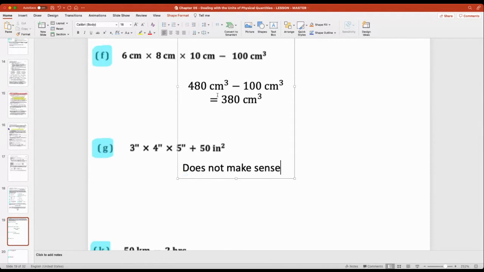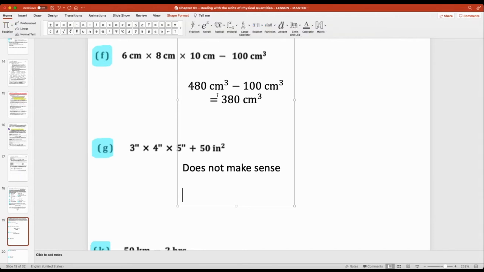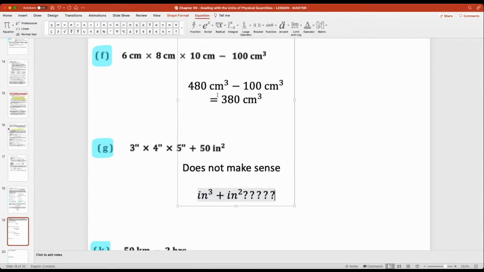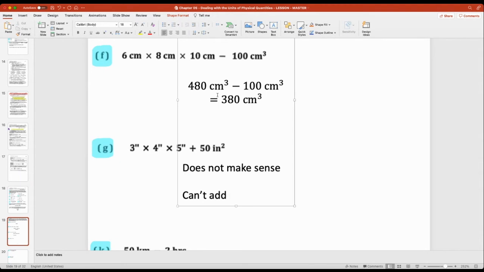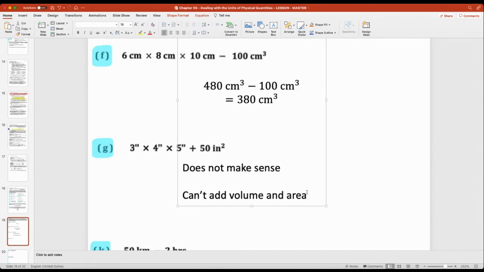It does not make sense because you're trying to do inches cubed plus inches squared. That makes no sense. You're adding a volume to an area. Can't add volume and area. That is an illegal operation, illegal request.